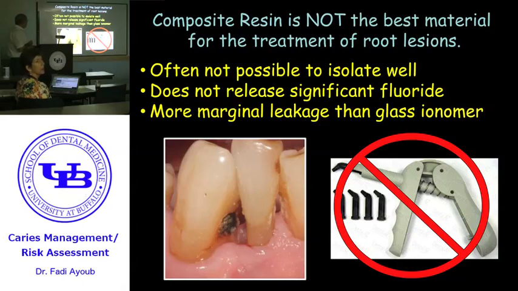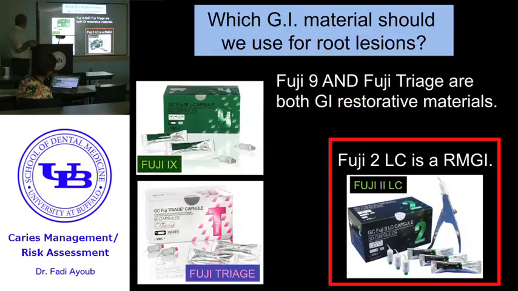Composite, obviously, has a very temporal effect. Composite resin is not the best material for treatment of root lesions. It is often not possible to isolate well, does not release significant fluoride, and has more marginal leakage than a glass ionomer. Here we have Fuji 9, we have the triage, and then we have the Fuji 2, which is resin modified glass ionomer.